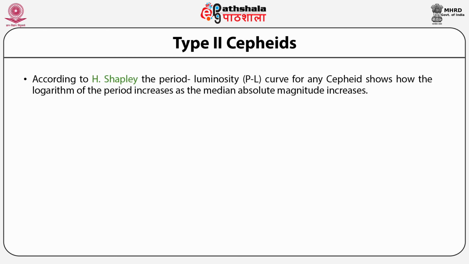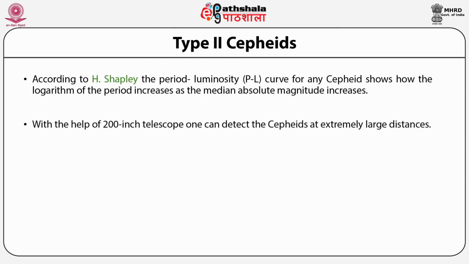According to H. Shapley, the period luminosity, that is PL curve, for any Cepheid shows how the logarithm of the period increases as the median absolute magnitude increases. The importance of the relation lies in the fact that it helps in determining the distance scale within and beyond our galaxy. With the help of a 200-inch telescope, one can detect the Cepheids at extremely large distances.